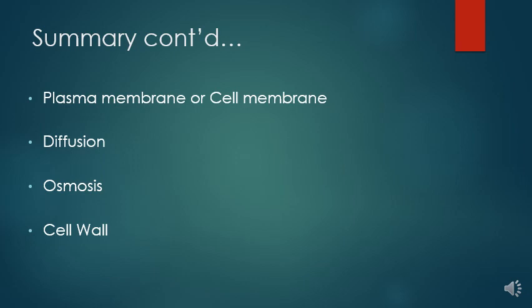What would happen if we place a plant cell or animal cell in the solution? If the solution is hypotonic, the cell will gain water and swell up. If the solution is isotonic, there will be no change in the size of the cell. The cell will remain the same size. If the solution is hypertonic, the cell will lose water by osmosis and shrink.